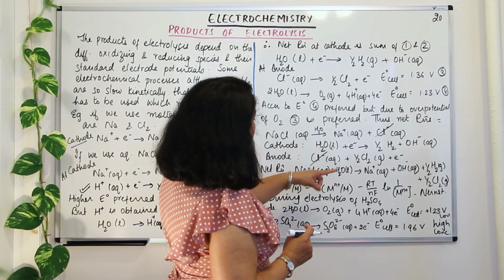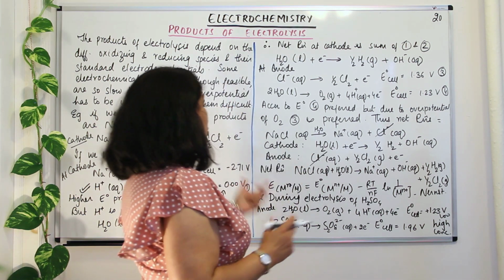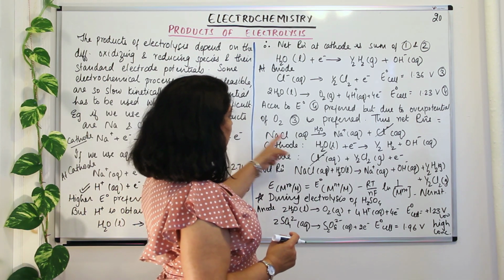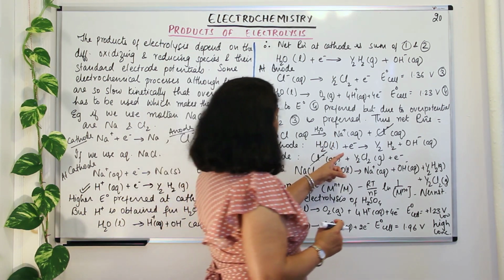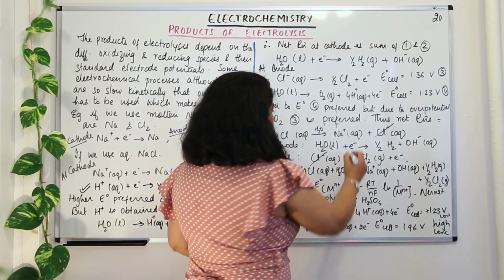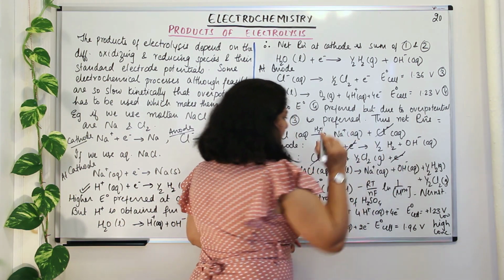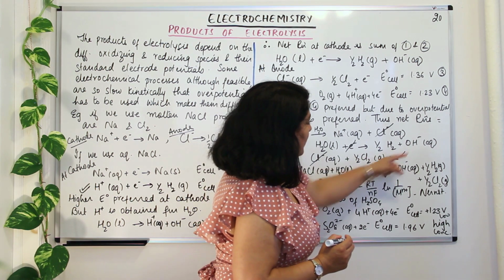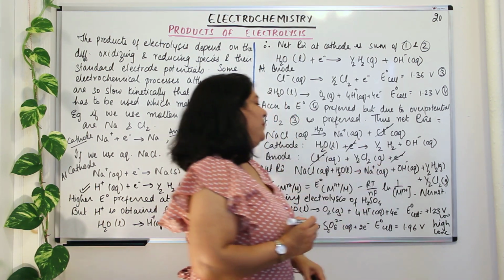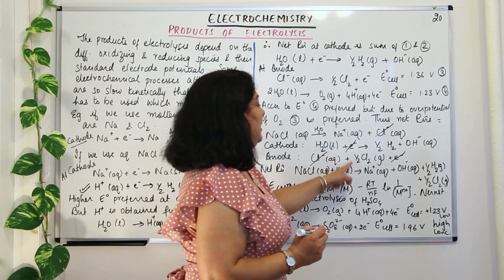So what you have in the end is NaCl plus H2O giving Na positive, and the electron here and the electron there also get cancelled out. So you have Na positive and OH negative, and half of H2 and half of Cl2.